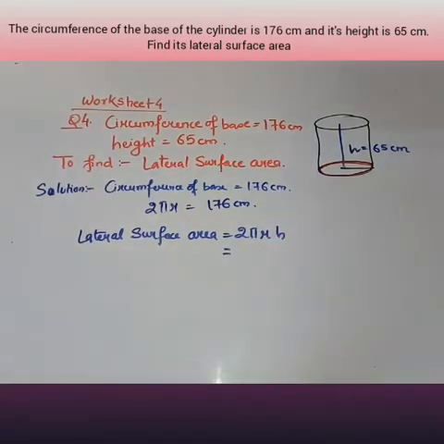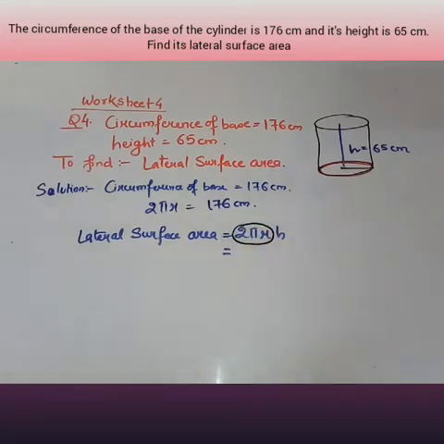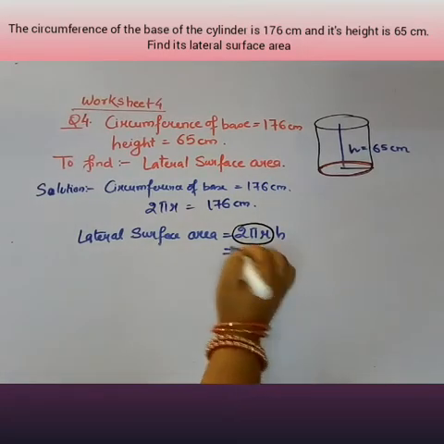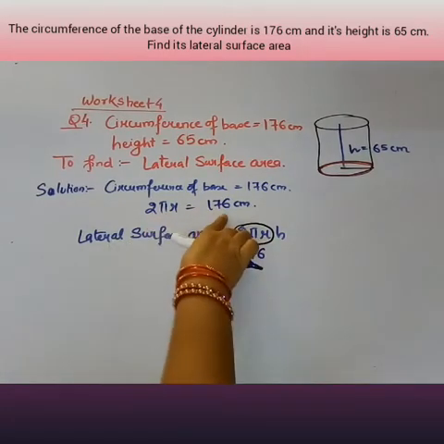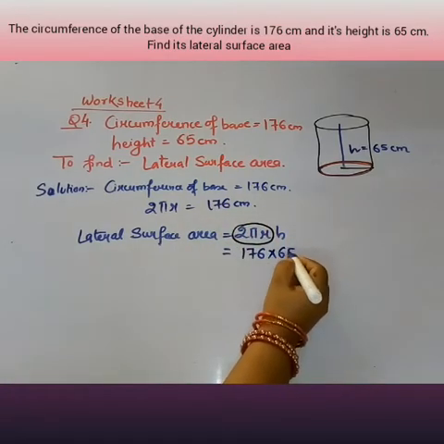So in place of this 2 pi r, I am going to write here 176, because it's given 2 pi r is equal to 176 and the height is 65.